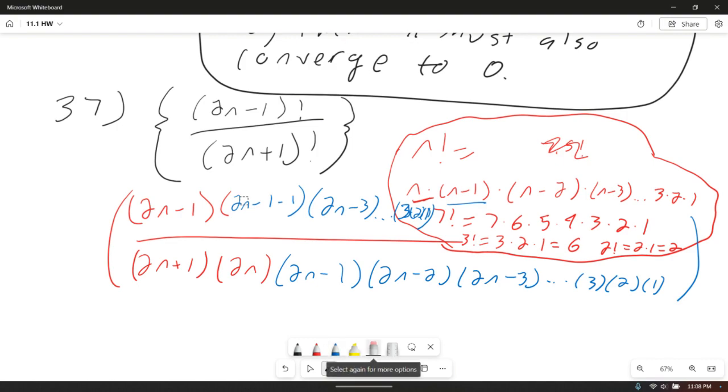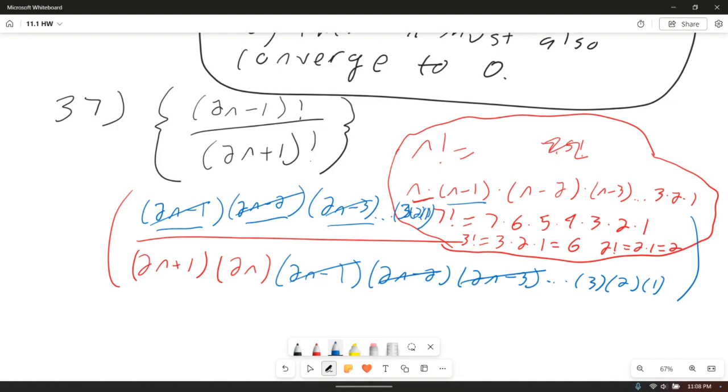I'm going to rewrite this with 2n minus 2 and color code it a bit better. For every factor on the top, it is going to cancel out with every factor on the bottom. This continues and cancels every one, leaving us with two factors on the bottom, and on the top we're left with 1.